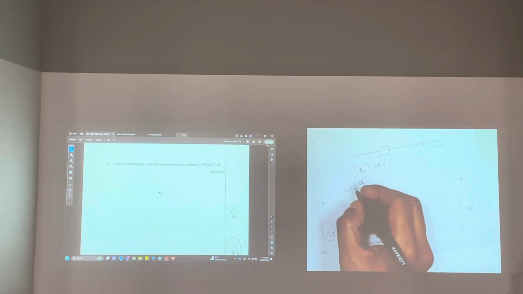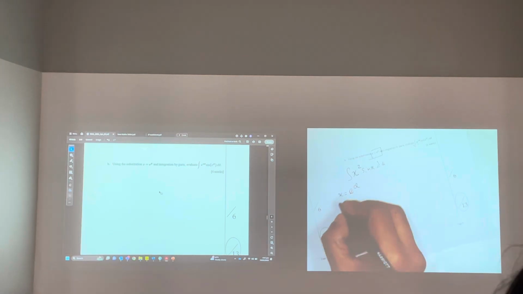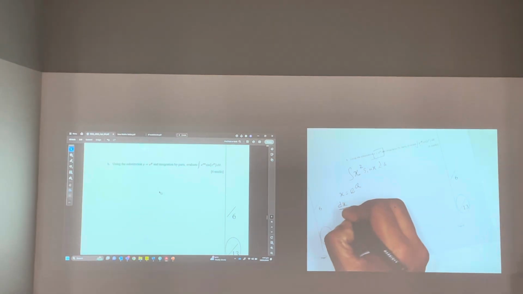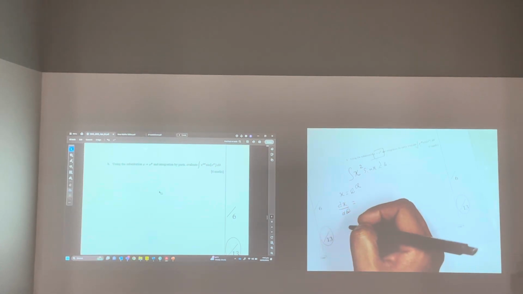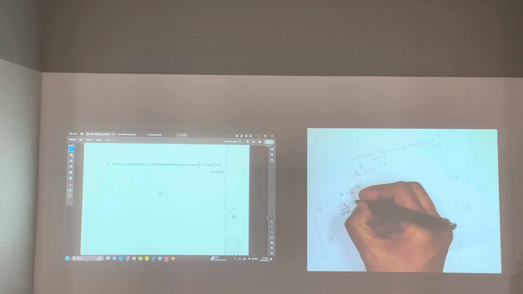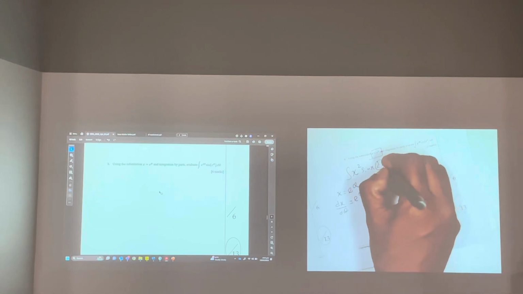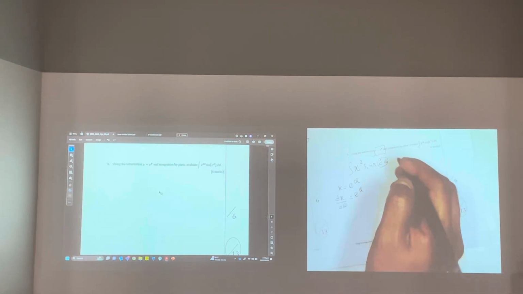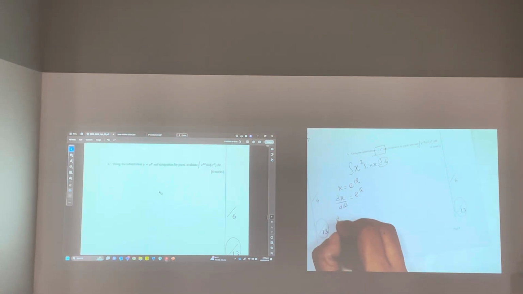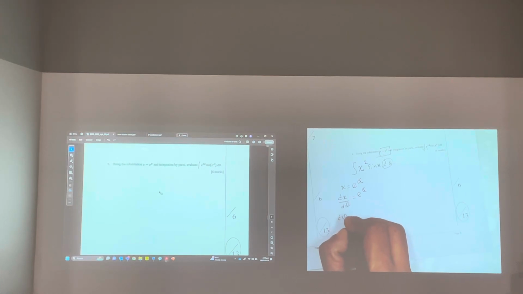What's the next step? dx over d theta. What's the answer? e^theta. Very good. What is the next step? We need to find a way to substitute for this d theta, so we make d theta the subject.